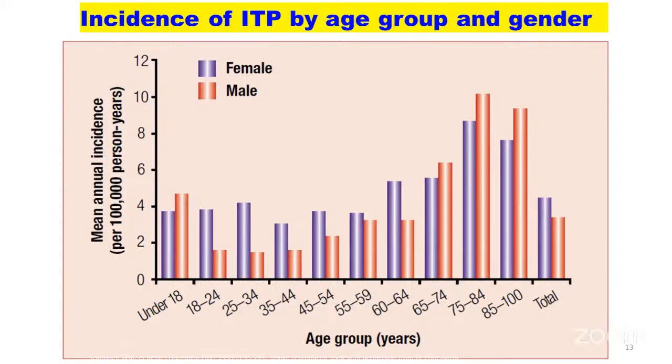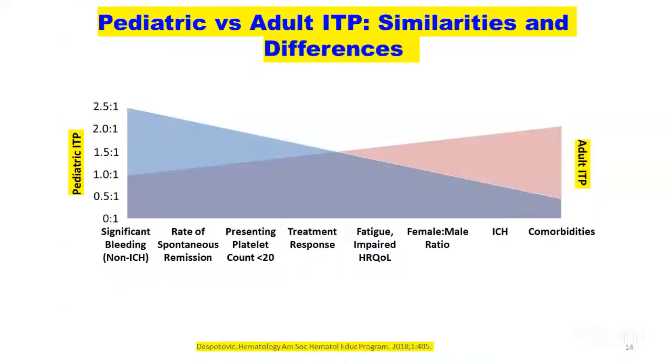This cartoon very explicitly shows that as the age advances, the prevalence and the incidence of ITP is increasing. Also, in adults, usually the females are more affected than the males, whereas in children, the prevalence in male and female is almost equal.